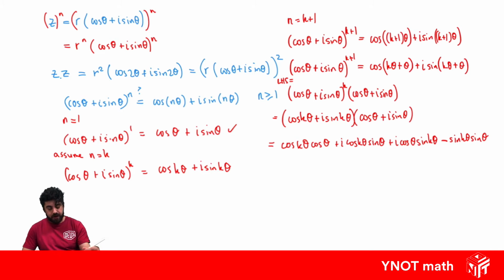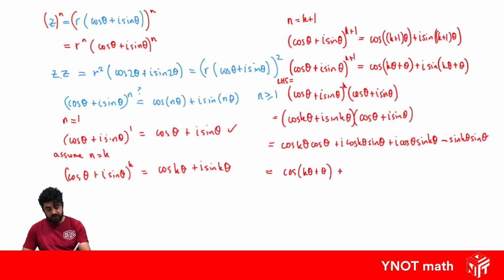Let's group our real parts and imaginary parts together. So then our real parts is cos of k theta cos theta minus sine k theta sine theta. And that is just our compound angle result for cos of k theta plus theta.